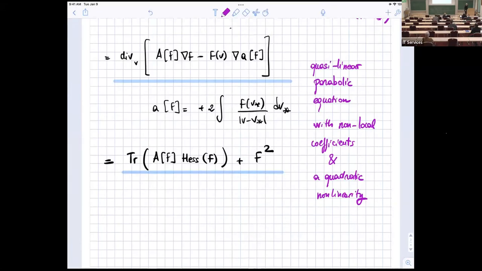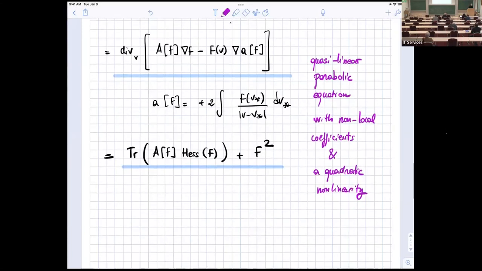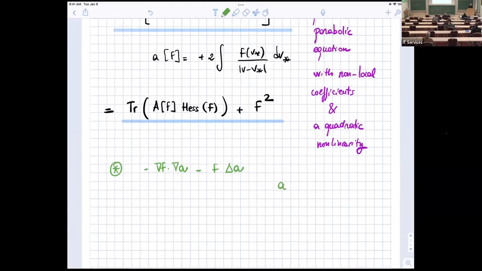Why should it be f squared? If I go from here, when I apply the divergence, just look at the very last term, we get the negative gradient of f scalar product gradient of little a, but this term somehow cancels when I apply the divergence to the capital A. So that one doesn't matter, but then we have minus f Laplacian A. But if you remember what A was, the integral of f of V star over |V minus V star| dV star.